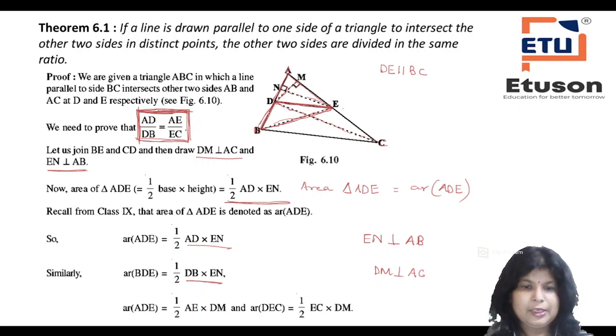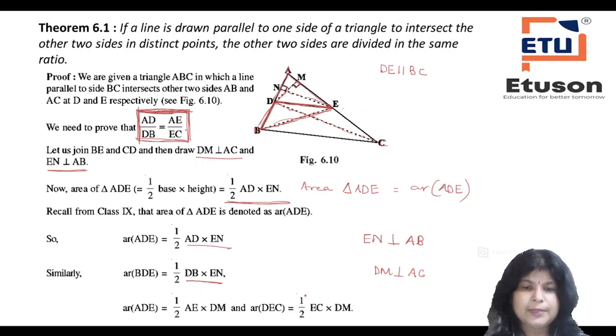And similarly, if you find out the area of triangle DEC, that will be equal to half into base EC, right? Because we know that DM is perpendicular to AC. So you can consider this as altitude of triangle DEC also.